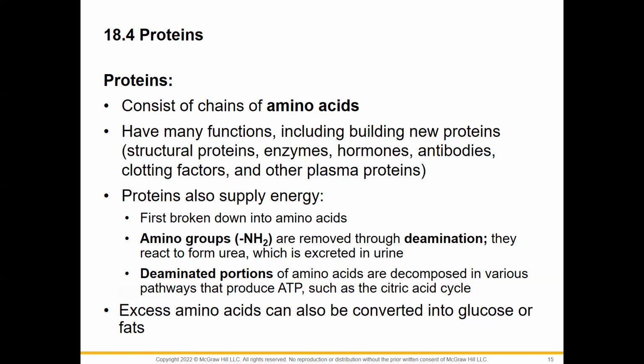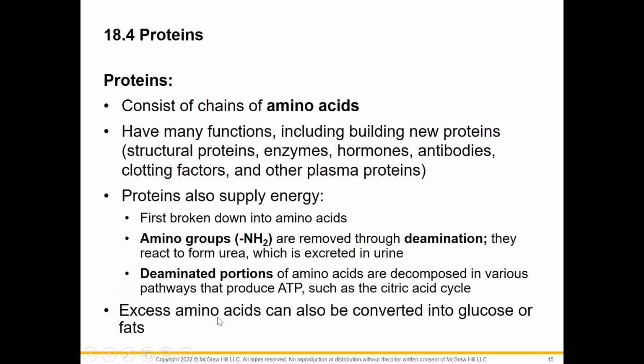So once we take that amino acid, we remove the amino group, we can use the rest of it to make ATP in the citric acid cycle, for example. So again, if you've ever taken biochemistry or if you take biochemistry, the citric acid cycle is one of the cycles that you'll hear a lot about. It has many functions, but it is part of the pathway it takes to make ATP.